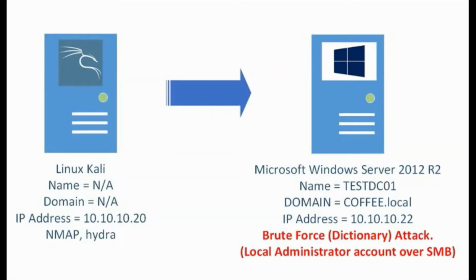On the right, the target is a Windows Server 2012 R2 domain controller named testdc01 on the domain coffee.local. The IP address of this device is 10.10.10.22, and we will be initiating a brute force attack, also known as a dictionary attack, utilizing the local administrator account from the Windows Server over the SMB protocol.